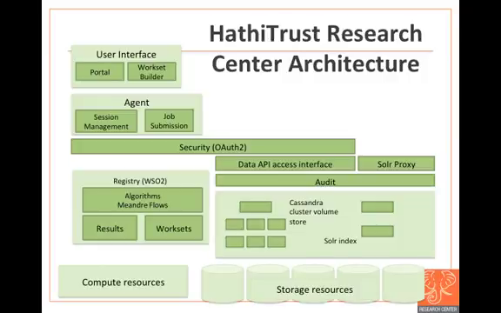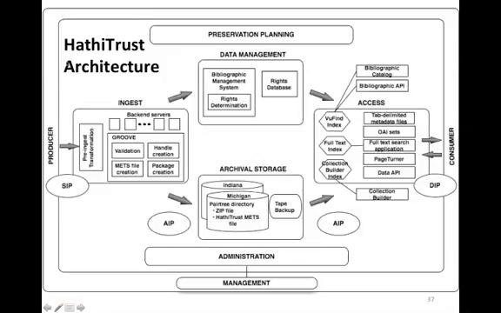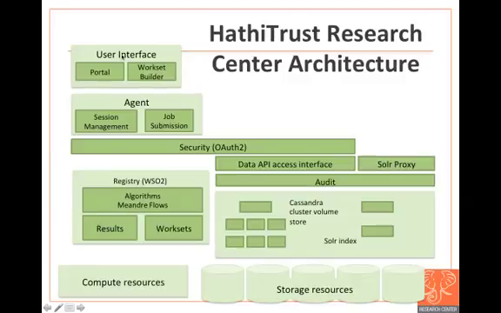This is an architecture for something called the HathiTrust Research Center. And this uses the data from this system, but is a completely different system. So the data gets brought in to this system. But this is a more traditional layered approach. So we have the user interface, where we've got the portal to the system, the web interface to the system.